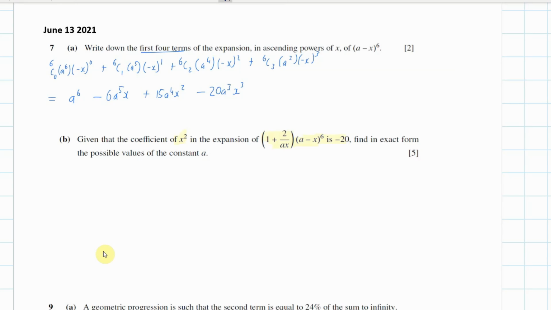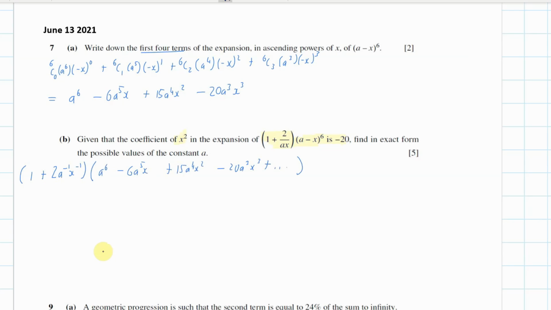So what we're going to do is go 1 plus 2 a to the negative 1 x to the negative 1, and then put it against what we've just done here: a to the 6 minus 6a to the 5 x plus 15a to the 4 x squared minus 20 a cubed x cubed plus blah blah blah, which we don't have.